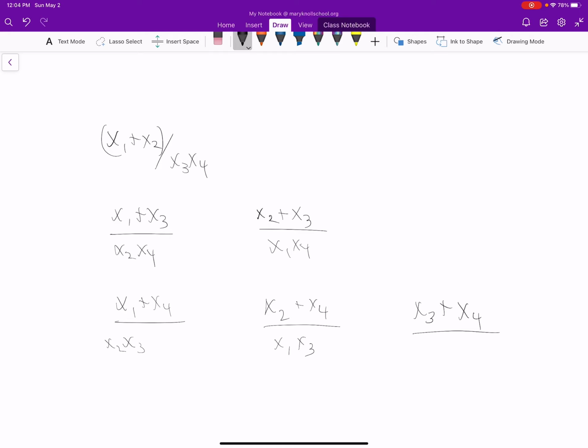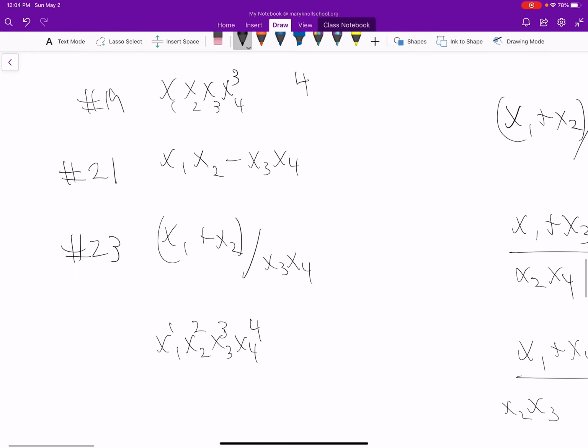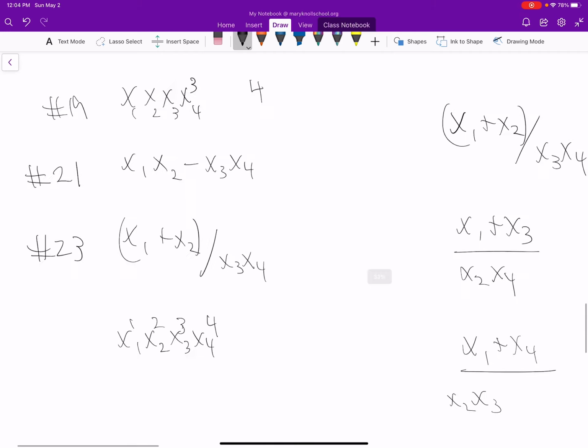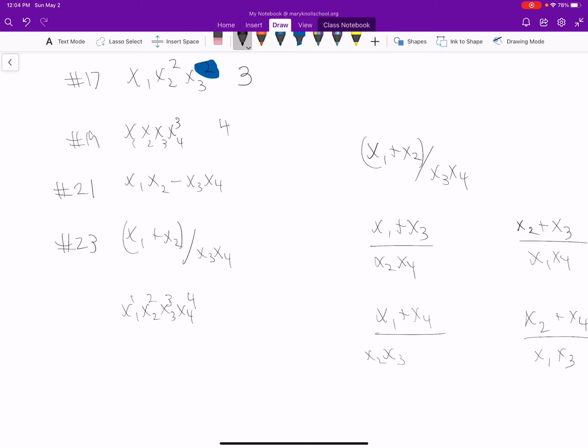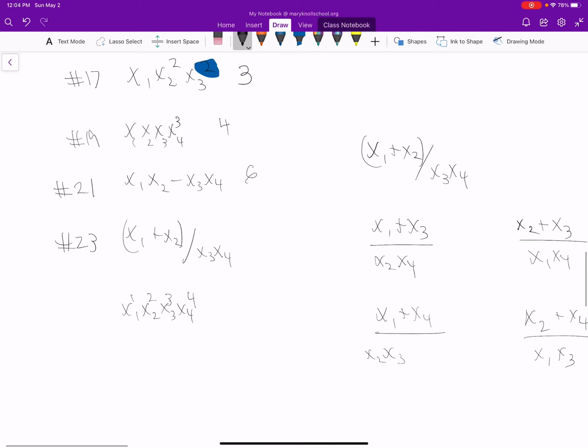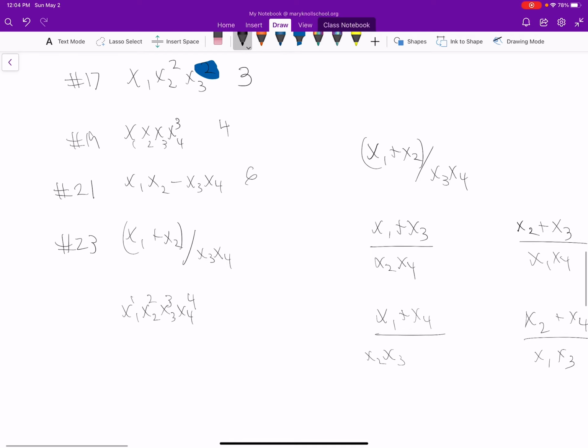So those are matched together now, and then we end up with x1, x2 on bottom. And I believe in this case we'll have 6 distinct variants. Yeah, so at first I was thinking 3, but actually it's going to be 6. So this one is 6, and this is 6.